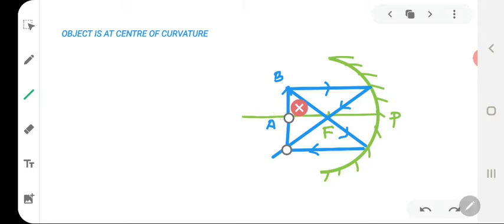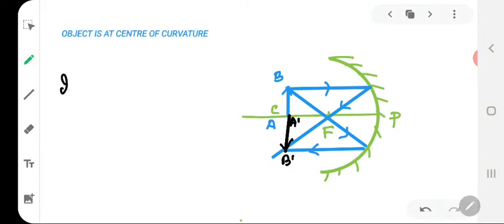Let me use a different color for drawing the ray. Yes, so this is the image. Let us name it as A dash, B dash. Now we can see that the image is formed at center of curvature. This means the position of object and position of image are same.